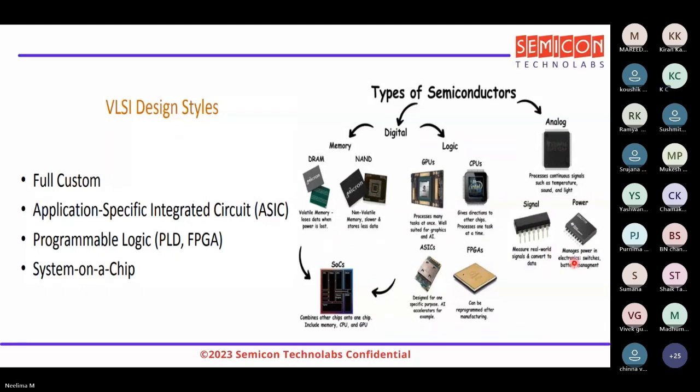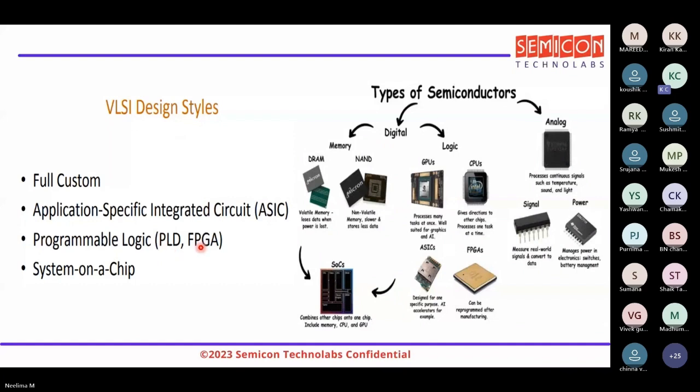Next, application-specific integrated circuits, ASIC, which falls into the digital bucket, as you can see here. And then programmable logic, which we call PLD, FPGA, field programmable gate array, programmable logic design. So FPGAs are also falling into the digital bucket.